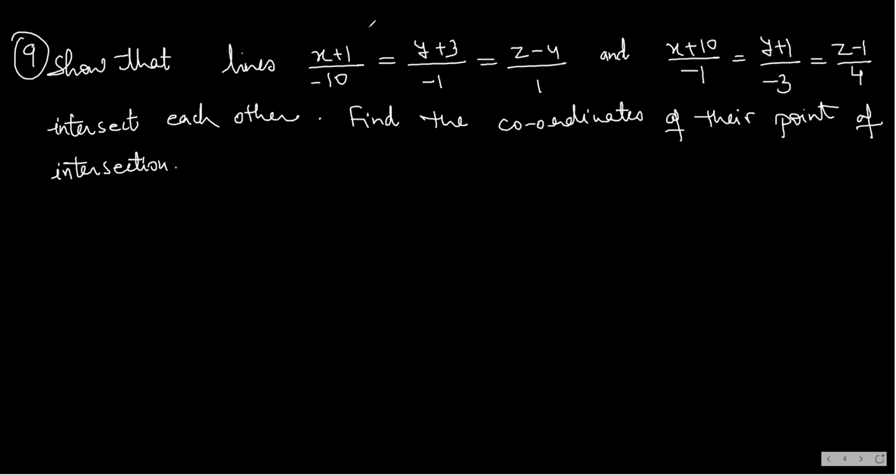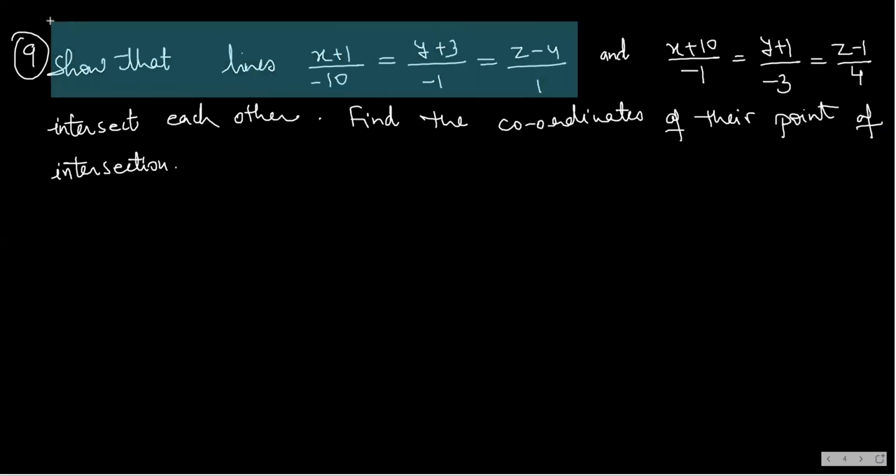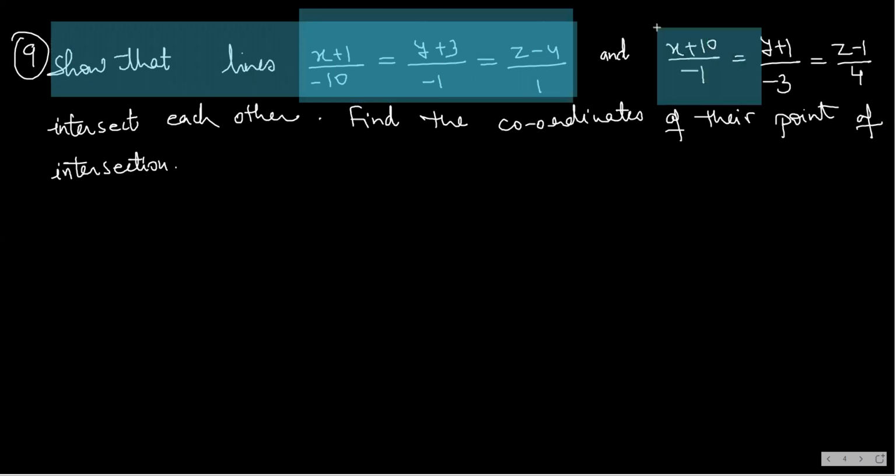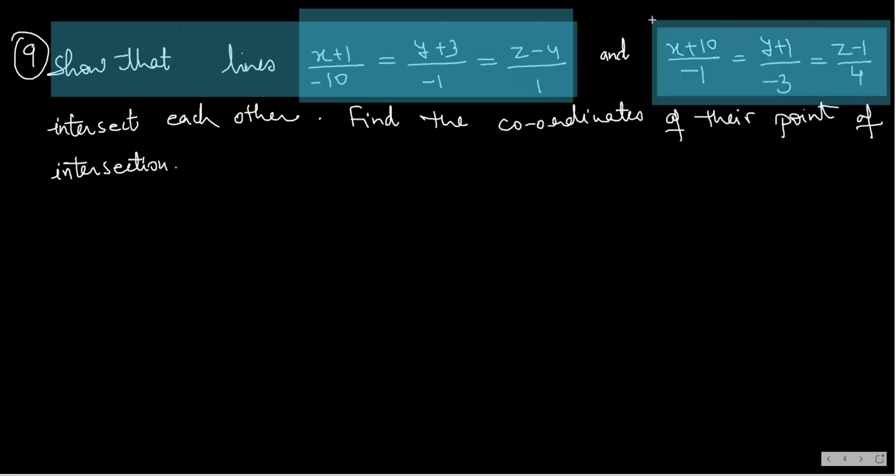Question number 9. Look at this question. This is a very interesting question. Show that the lines (x plus 1) upon minus 10 equals (y plus 3) upon minus 1 equals (z minus 4) upon 1, and this line, intersect each other.